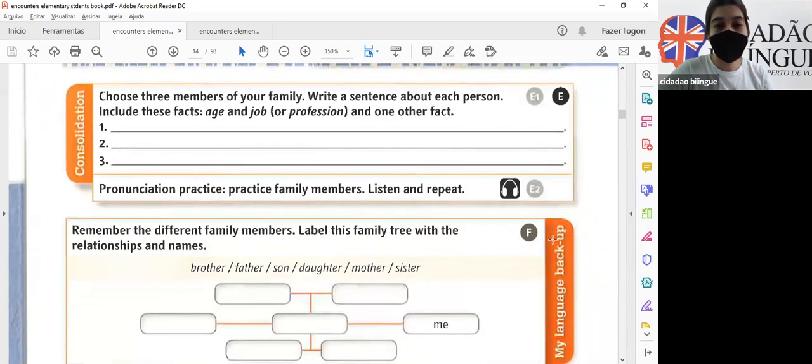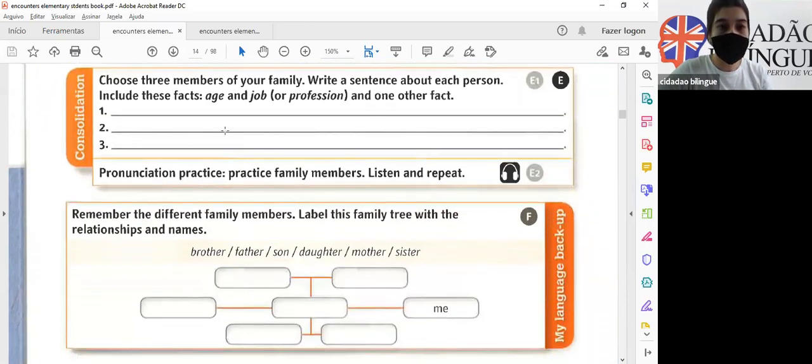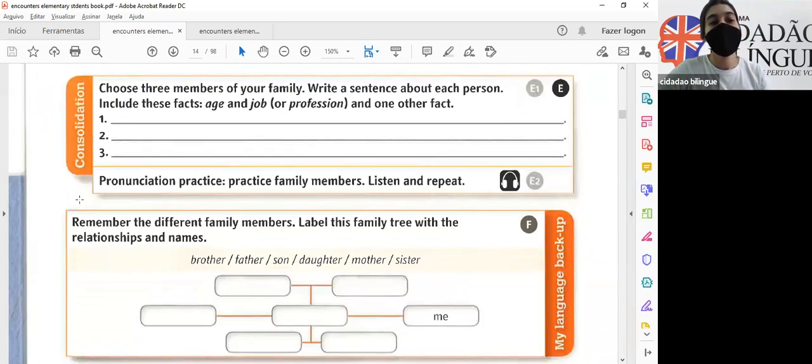We have these exercises right here, consolidation and my language backup. I want you guys to do them as homework, okay? Quero que vocês façam como homework, okay? I'll give you more instructions by the end of the class. Eu darei mais informações para vocês no final da aula, alright?